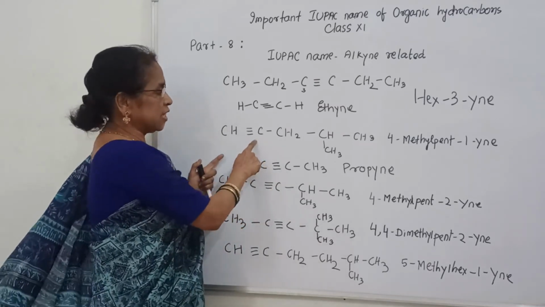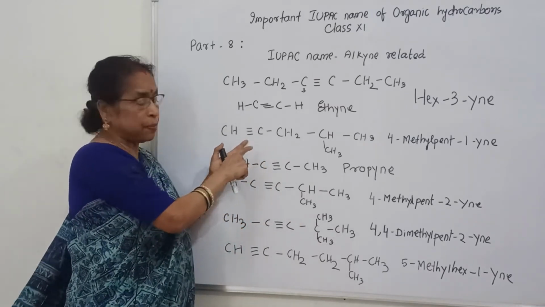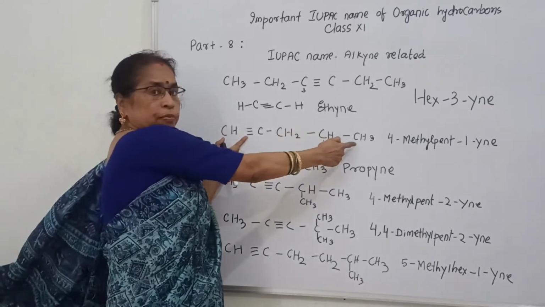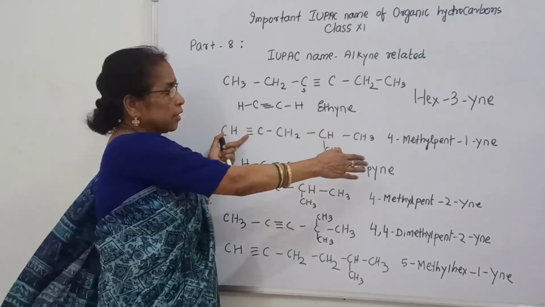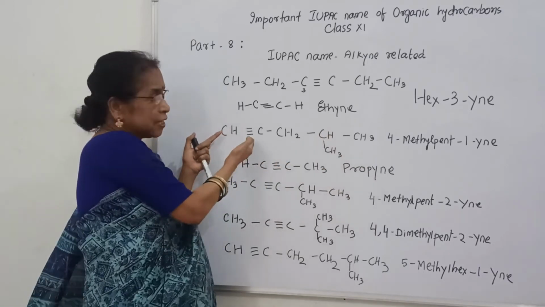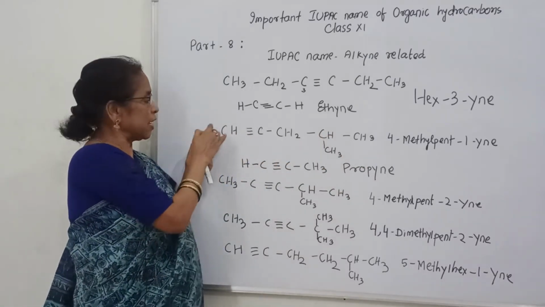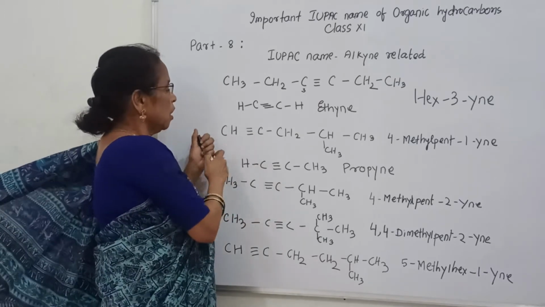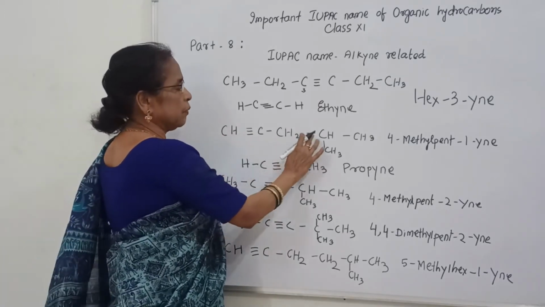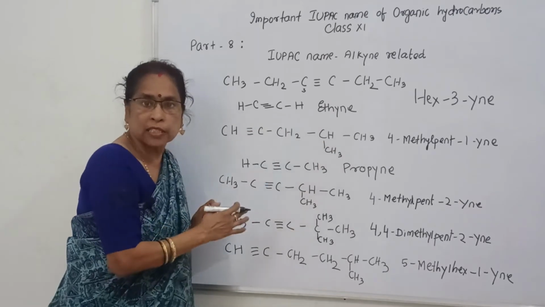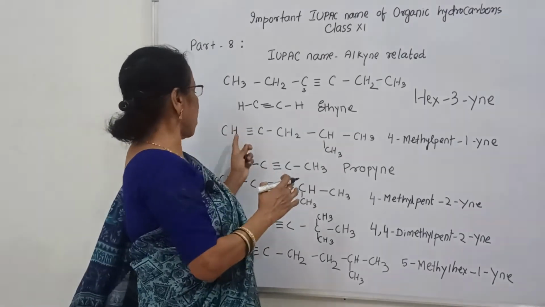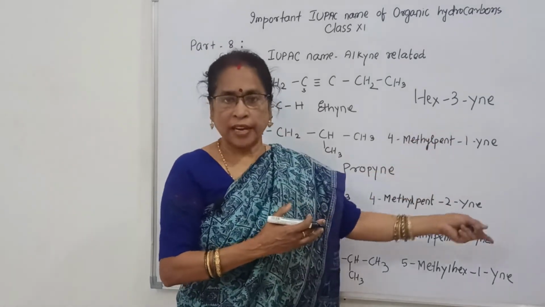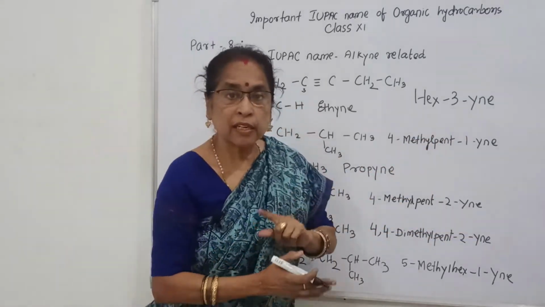Now here you can see the triple bond, after one. If you count from this side, it is not possible at all for naming, because near to this end, this is very important, after one there is a triple bond. So 1, 2, 3, 4, 5 is the longest carbon chain, that is why after one there is a triple bond: pent-1-yne.